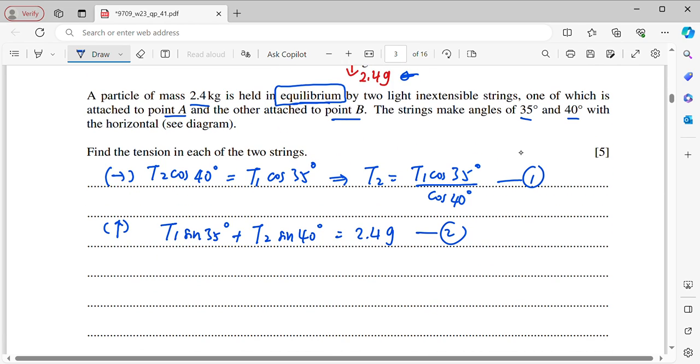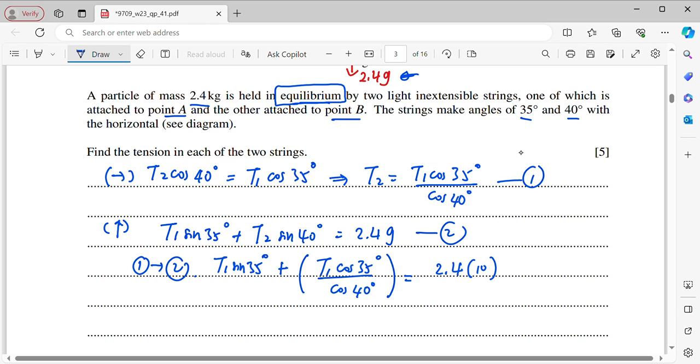Now I substitute the first equation into the second equation. So my T1 sine 35 degrees plus T2 sine 40, where T2 will be replaced by T1 cos 35 degrees over cos 40 degrees, equals 2.4. The g is 10.